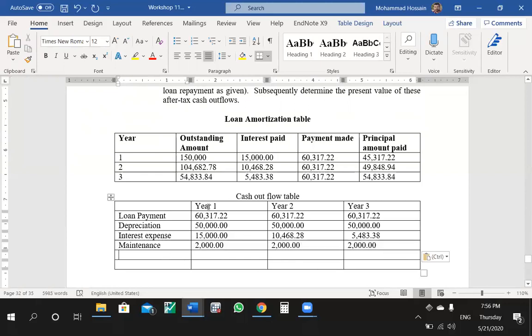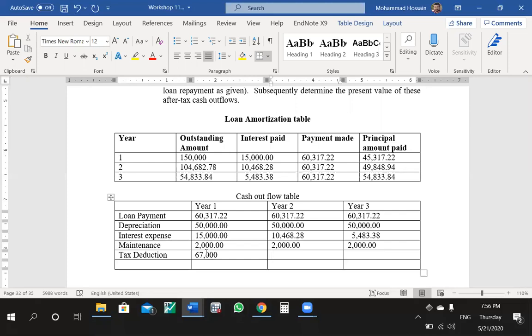This is their total tax deduction. Tax deduction will be how much? You have to add up these three. So this is 67,000.